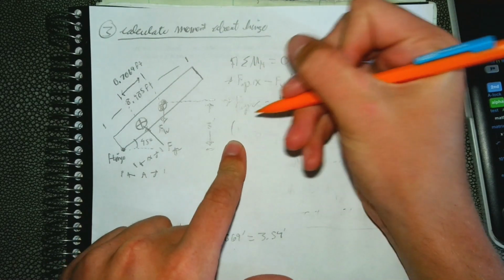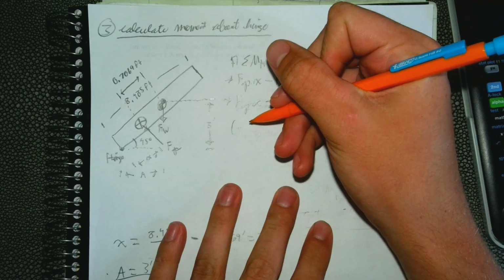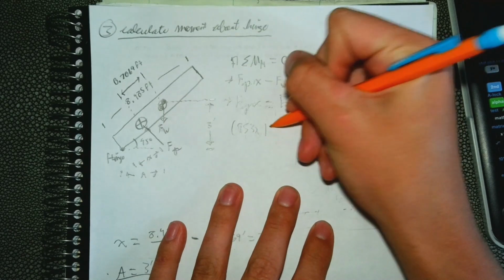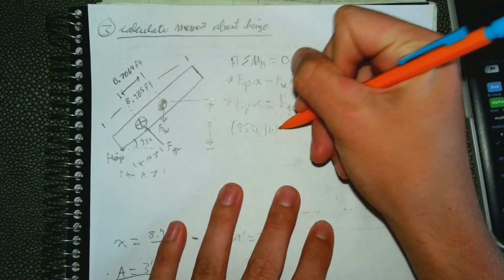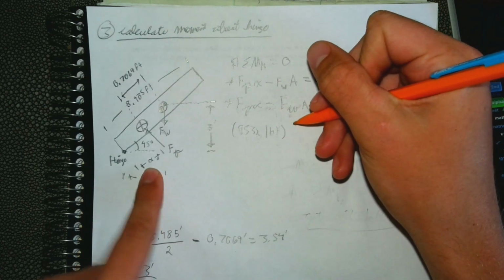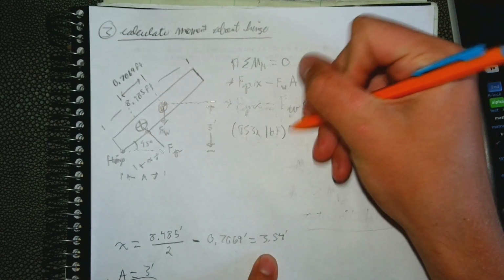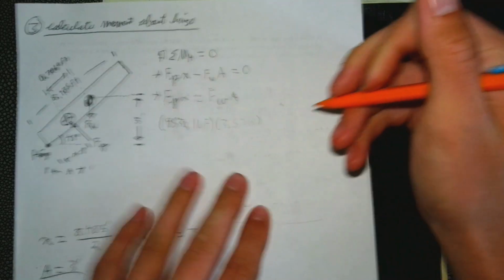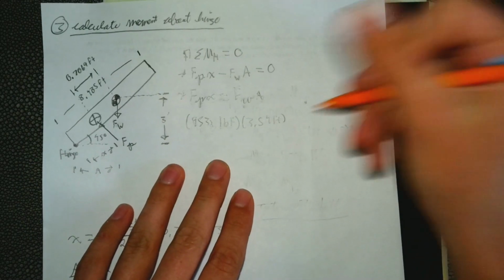So let's plug in the pressure force that we found, which was, what was it, 9,532 pounds force, times the x that we found, 3.54 feet. And I'll just leave it like this.